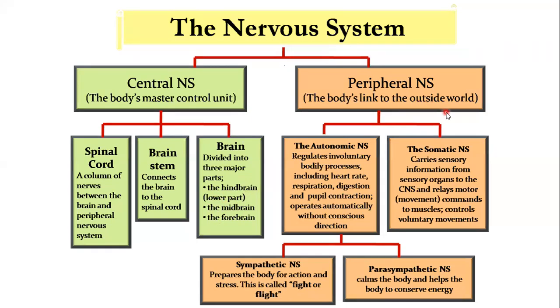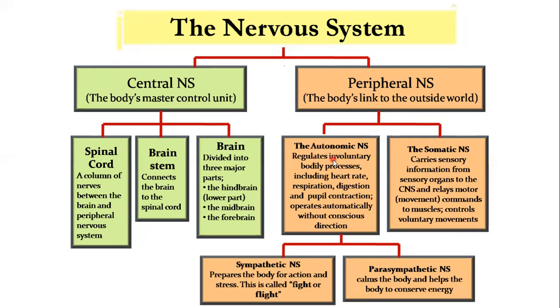So the peripheral nervous system is further divided into two: the autonomic nervous system and the somatic nervous system. The somatic nervous system carries sensory information from sensory organs to the CNS and relays motor movement commands to the muscles, controlling voluntary movement. Here, the key word is voluntary movement. But involuntary movement is in the autonomic nervous system.